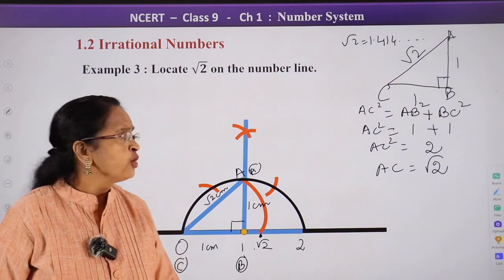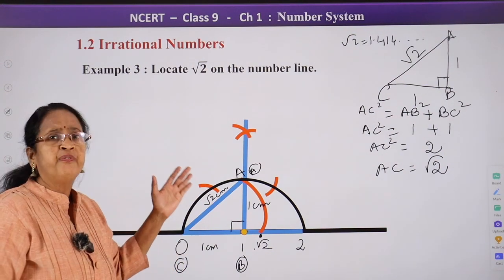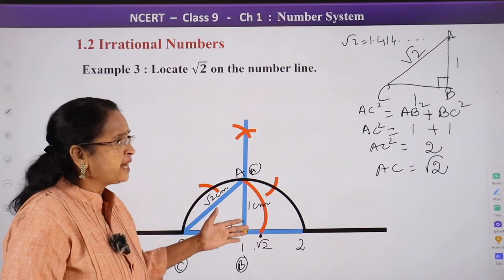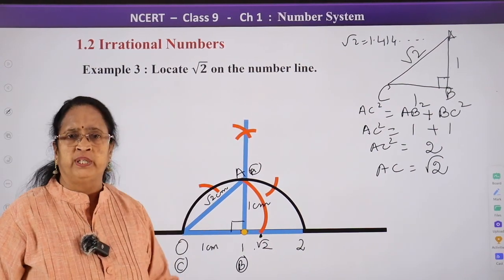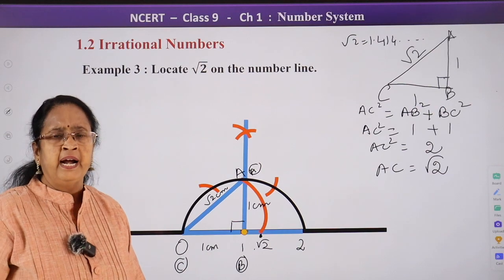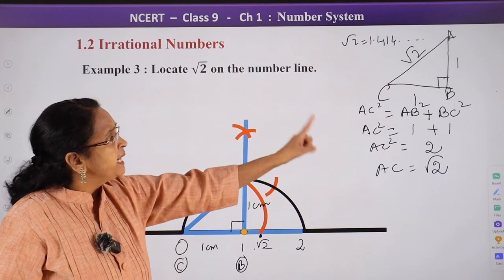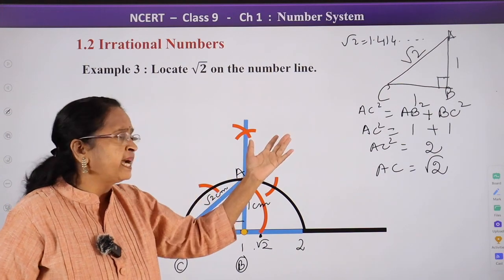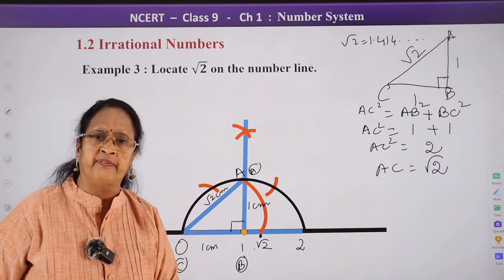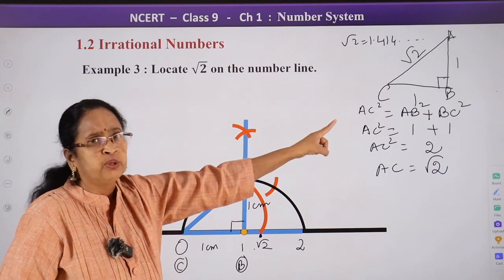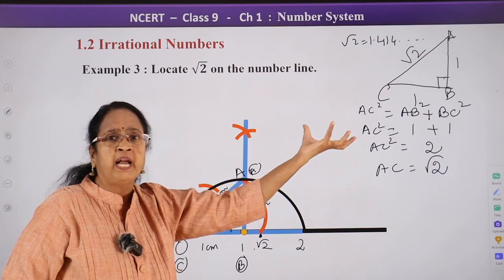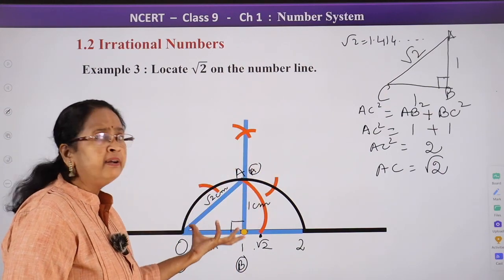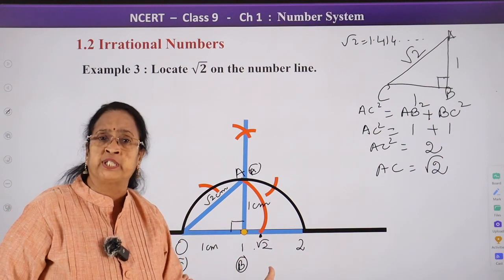Alright. So, this is how we locate root 2 on the number line. Please draw this rough work on the side or on the rough column, wherever you wish, because this will help you locate and follow the procedure.